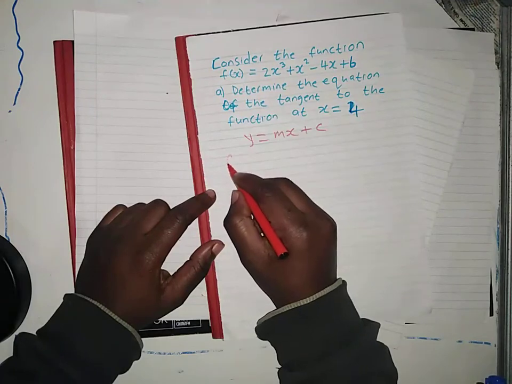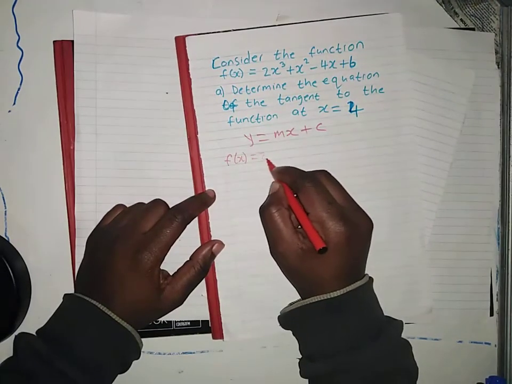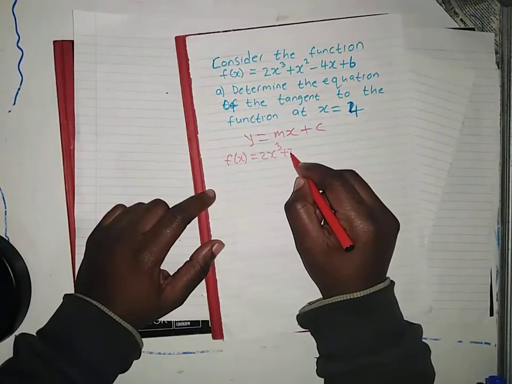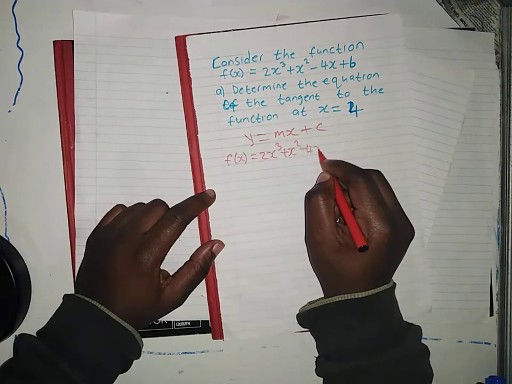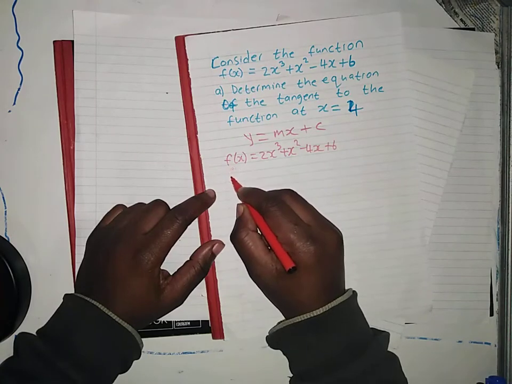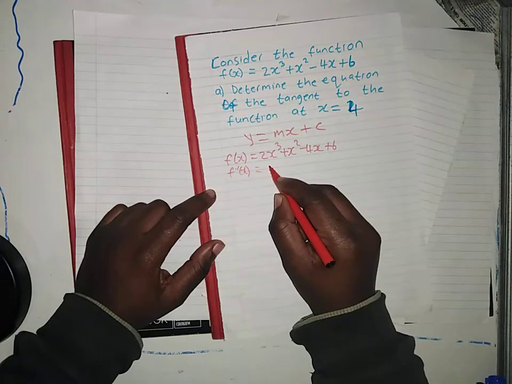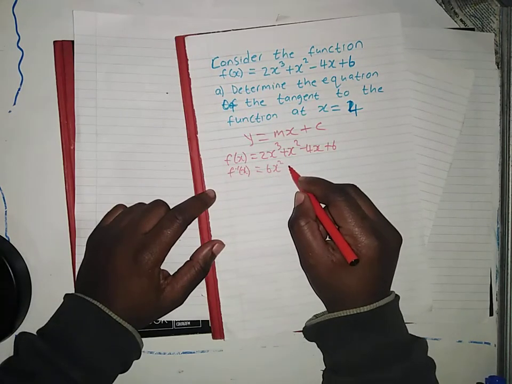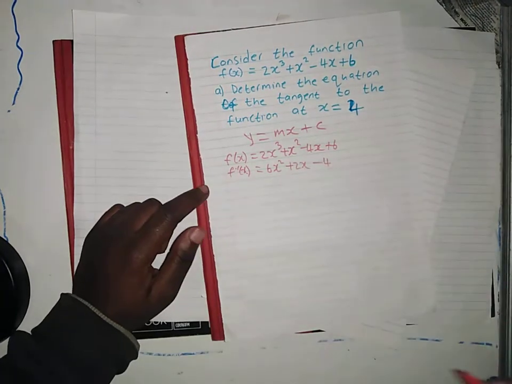So we say f of x is 2x to the power 3 plus x squared minus 4x plus 6, and then f prime of x is nothing other than 6x squared plus 2x minus 4. And you know how to find the derivative.